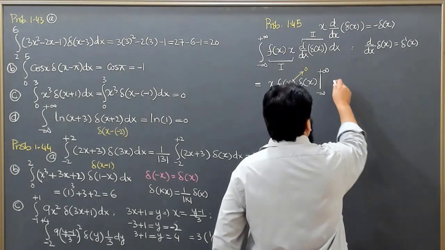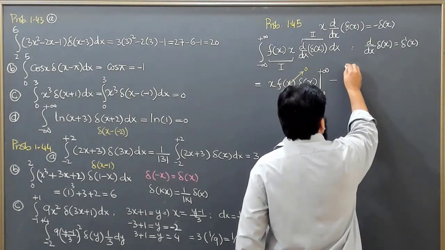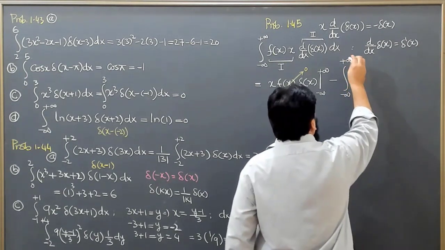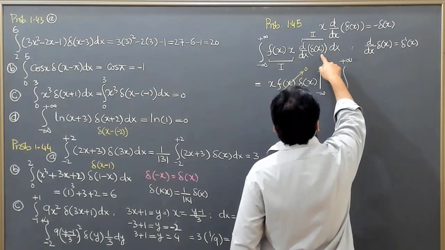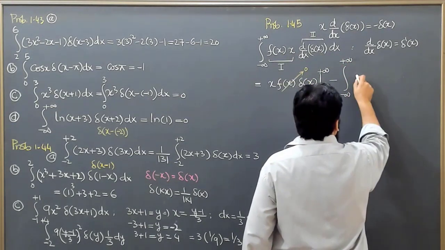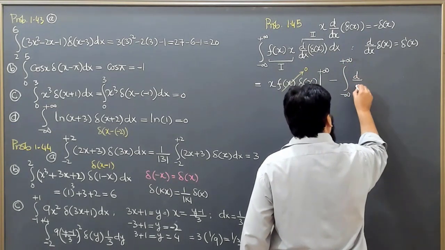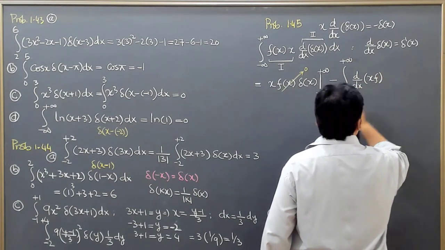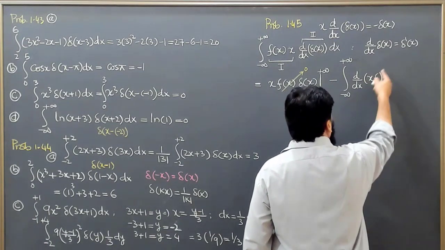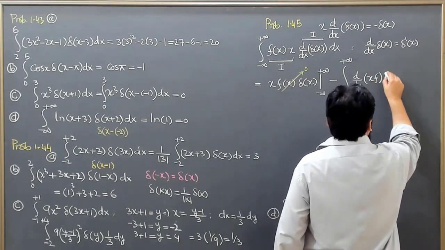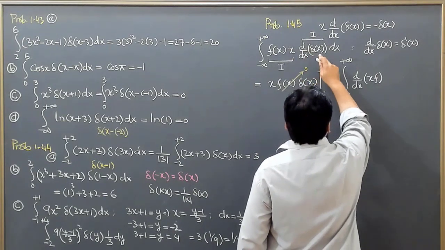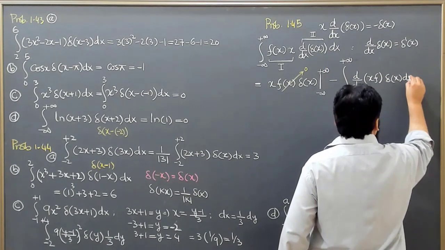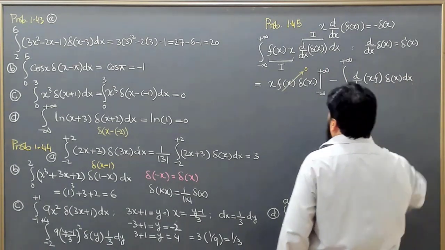Then we have minus the whole integral from minus infinity to plus infinity of the derivative of the first function, d over dx of x f, times the integration of the second, which is delta x, dx.